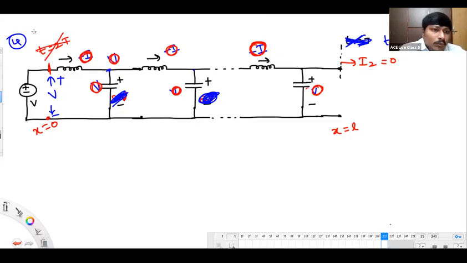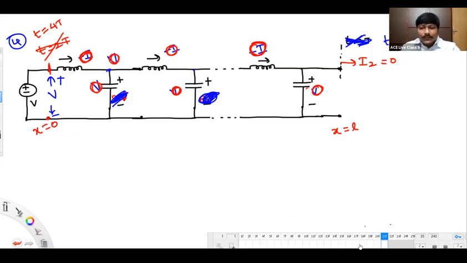And what's the time now? That will be 4t time. So from the time 3t to 4t, voltage on the line will be 0. Current on the line also becomes 0. I think all of you are getting it.